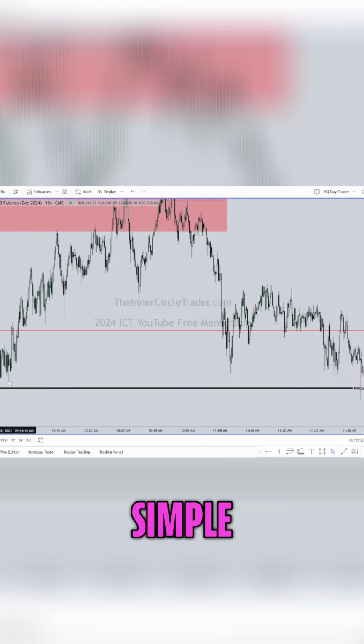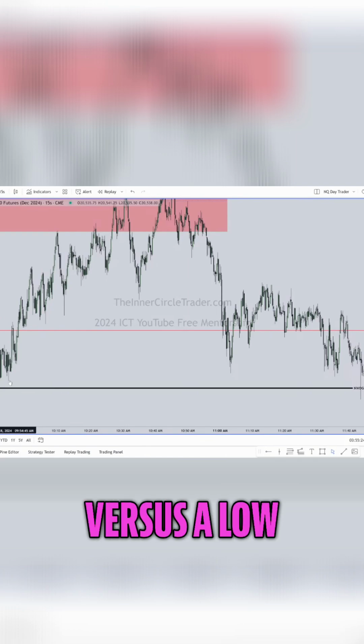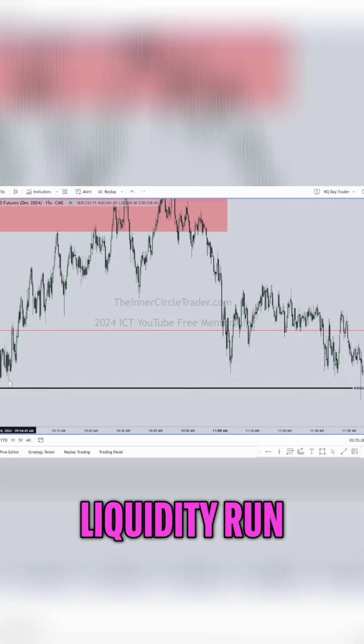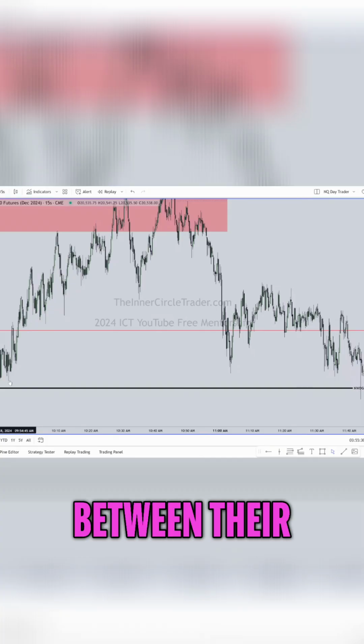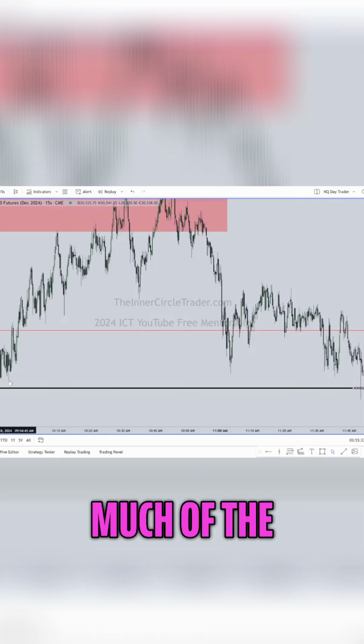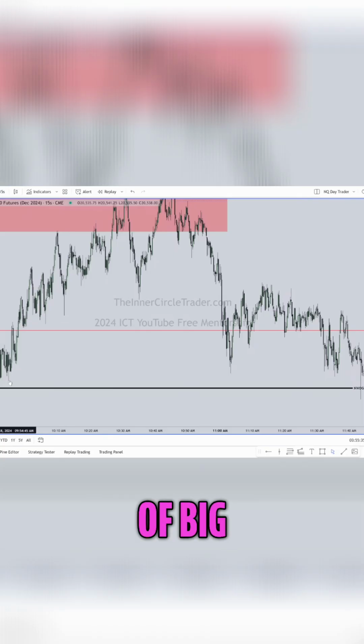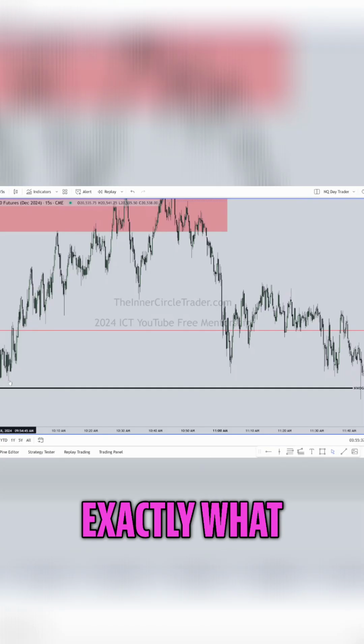That's a very simple definition, isn't it? Versus a low resistance liquidity run condition is the candlesticks are a lot more separated between their highs and lows, and they're not sharing much of the same range of the previous candle. It is a lot of big candles, and that's exactly what you want.